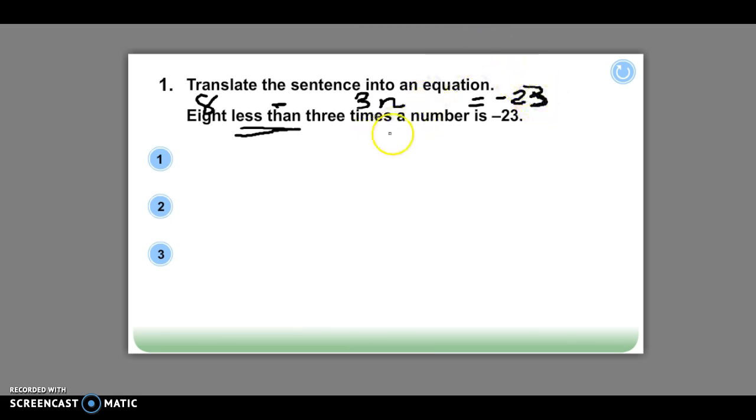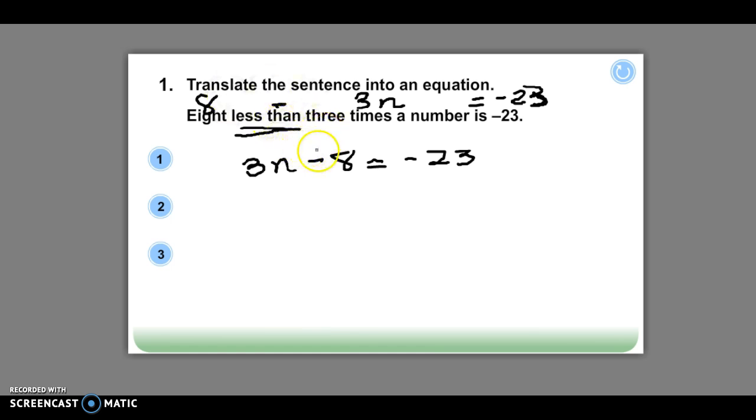Now the main thing to remember is whenever we see the words less than, more than, or fewer than, we need to flip it around. So it becomes 3n minus 8 is equal to negative 23. If you do not flip it, then your equation will be incorrect and you will end up with the incorrect answer.